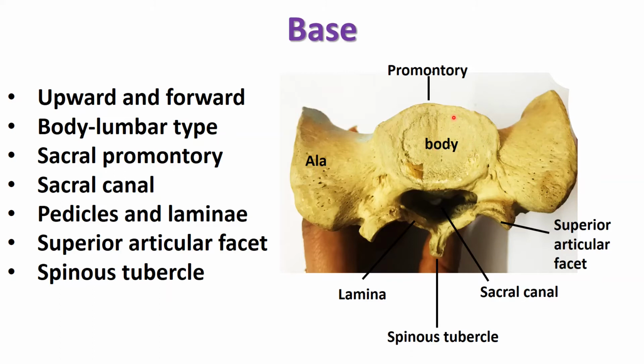It has a body which is lumbar in type and articulates with the fifth lumbar vertebra and forms the lumbosacral joint. The projecting anterior margin of the body is called the sacral promontory, which projects forward at an angle of 30 degrees. So this part is the sacral promontory.